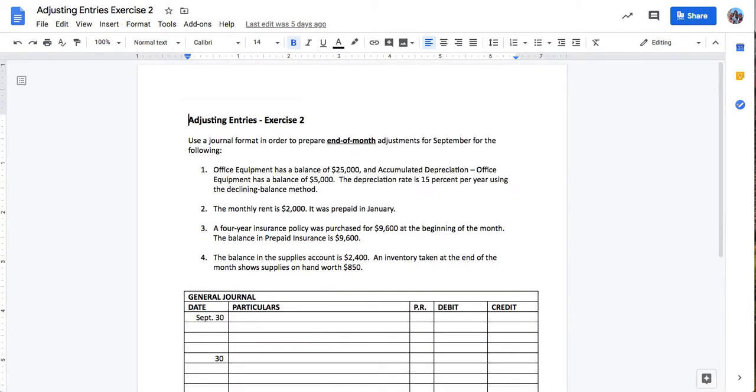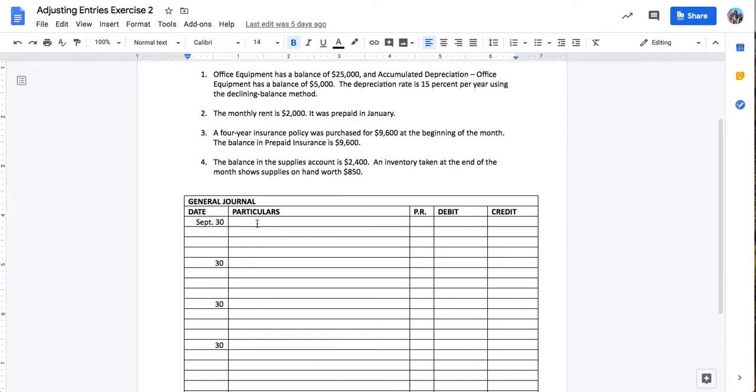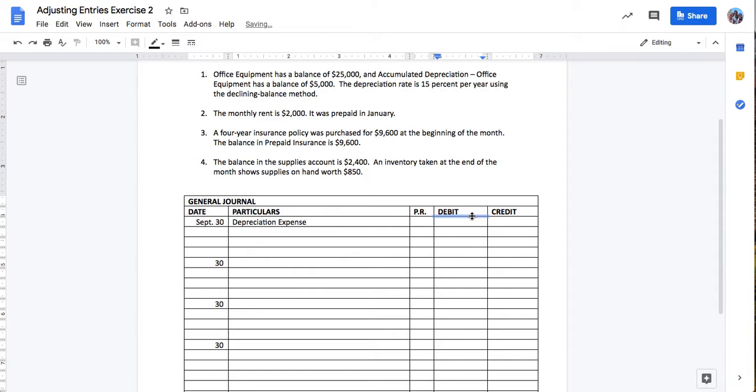So when I go to my question, I'm always going to debit an expense. So it's going to be depreciation expense, and we know that amount is $250.